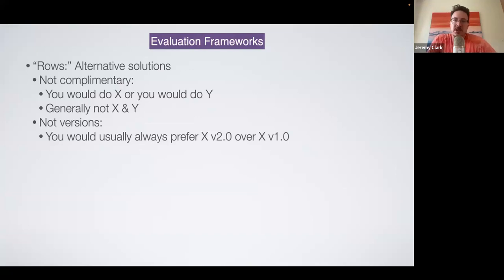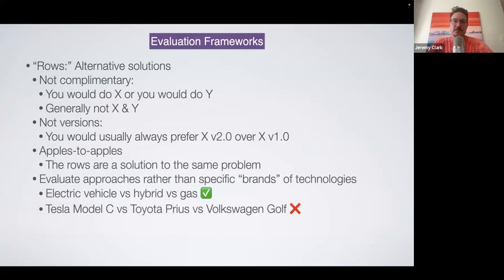There wouldn't be a version 2 if it weren't better. So they are alternatives, but it's not really a decision. Obviously, you're going to choose the best thing, unless you have some backwards compatibility issue. If one thing is strictly better than everything else, then you're going to go for it. So what we're looking at are completely alternative ways of doing the same thing.